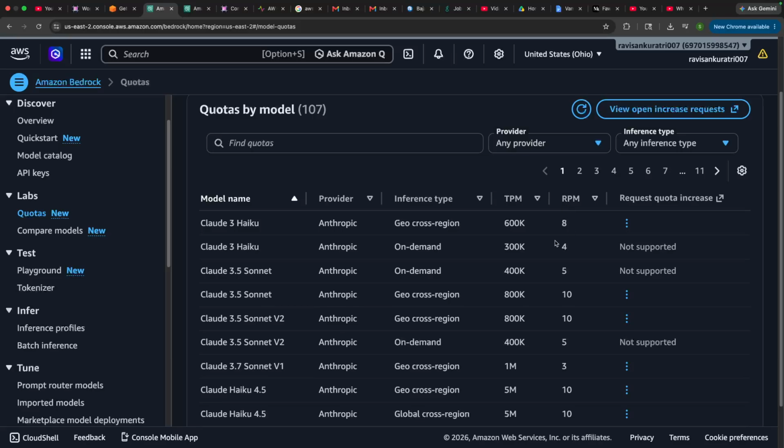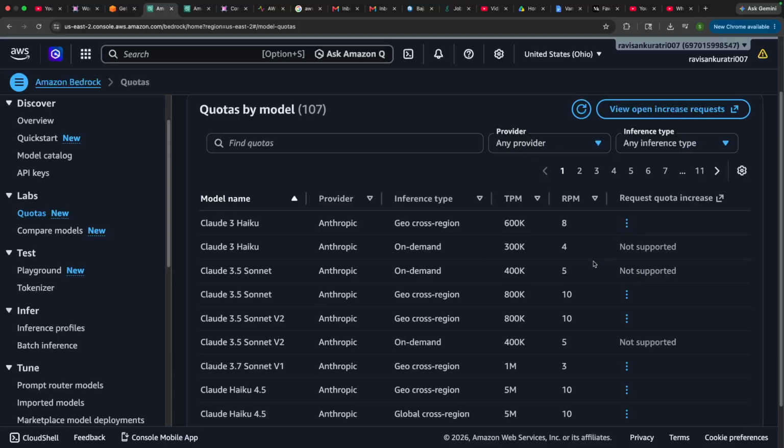Mine is a basic individual account. For the Claude Haiku model, I got 600k TPM and 8 requests per minute. I cannot go more than that, but if I need, I can submit a form requesting an increase in these values.